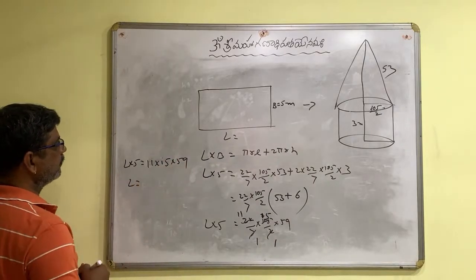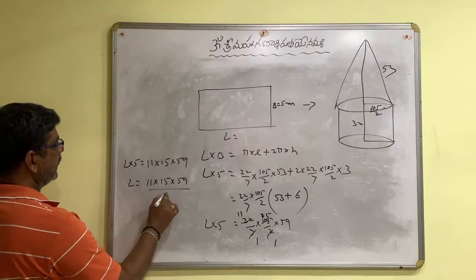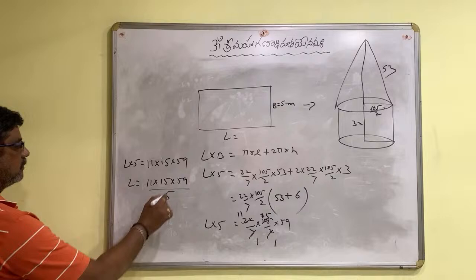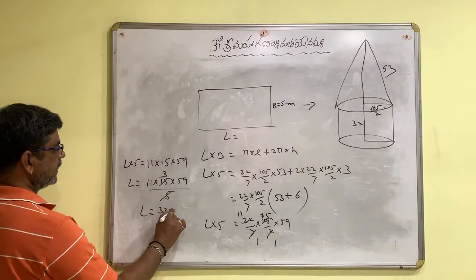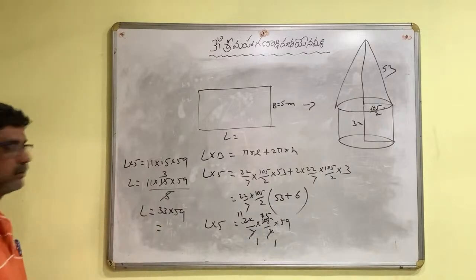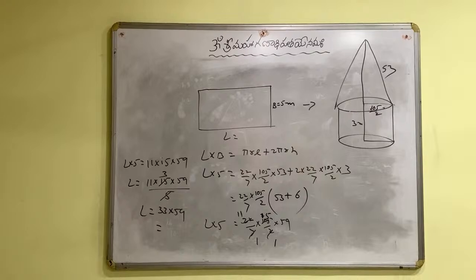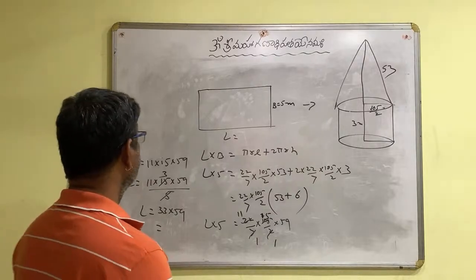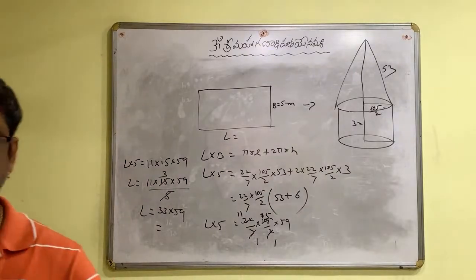Then length is equal to 11 into 15 into 59 by 5. 5 threes are 15, so 33 into 59. Length of the rectangular cloth is 33 into 59. How much? 33 into 59.